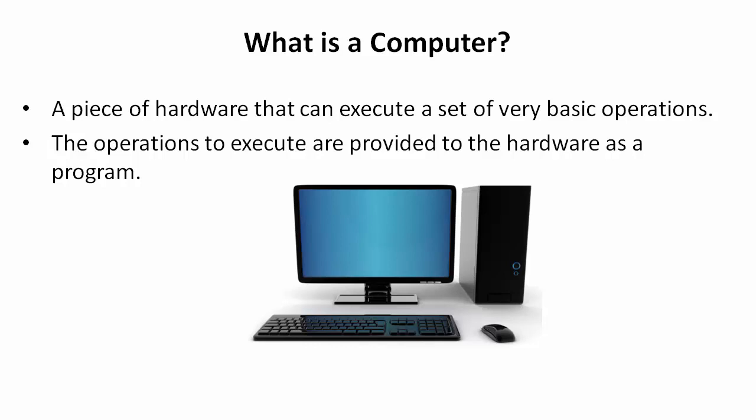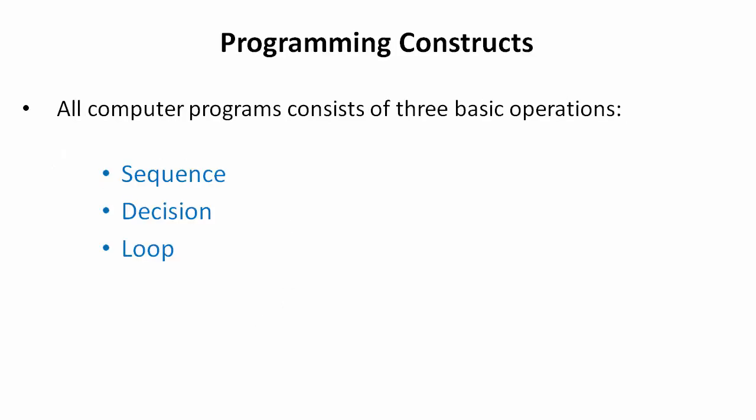So what is the algorithm? The algorithm is how you organize these operations to accomplish a task. But when you first learn about programming, it's actually very simple. There are only three essential constructs of any computer program: the sequence, the decision, and the loop.